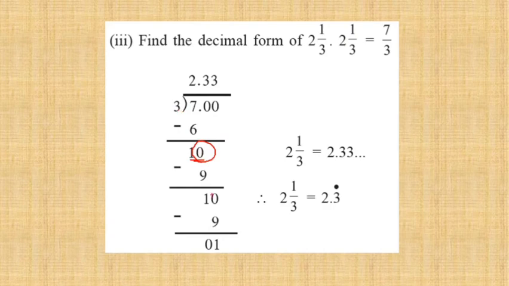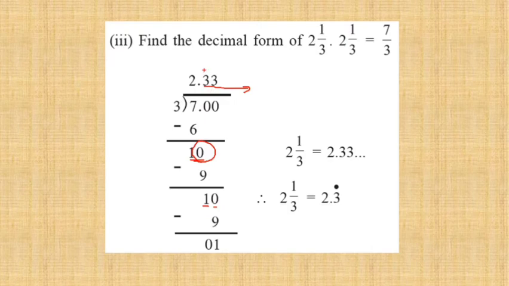Now 3 threes are 9, again remainder 1, again I take 0. So here one decimal place is added, and this 3 goes on repeating again and again. Since my remainder is all the time 1, I take 10 each and every time and I get 3 all the time on the place of quotient.